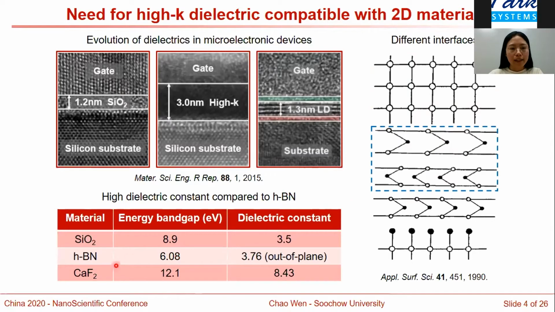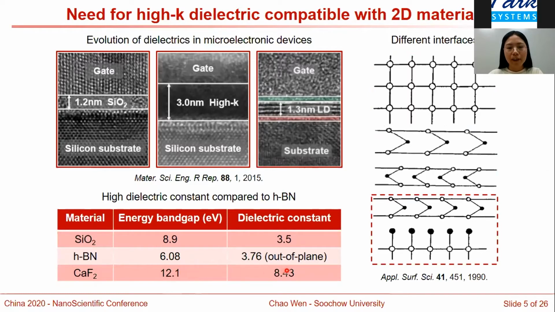But hexagonal boron nitride only has a small energy band gap of 6.08 electron volt and a low dielectric constant, which is quite similar to that of silicon dioxide, 3.5. Compared to hexagonal boron nitride and silicon dioxide, calcium fluoride has a larger energy band gap of 12.1 electron volt and a higher dielectric constant of 8.43.